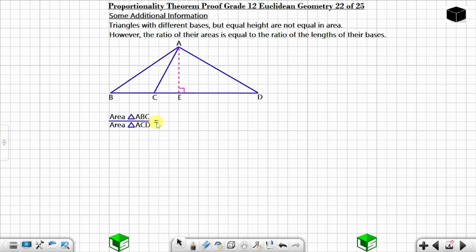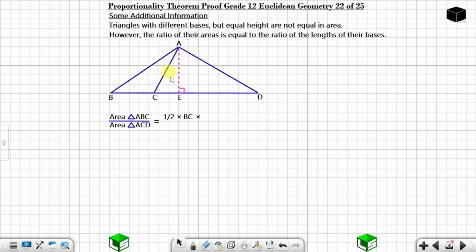So this is equal to a half times the base for this triangle is BC, and times the height, which is AE. Okay, for the triangle ABC, the height is AE. If you extend the line BC, you are going to have AE perpendicular to BC.